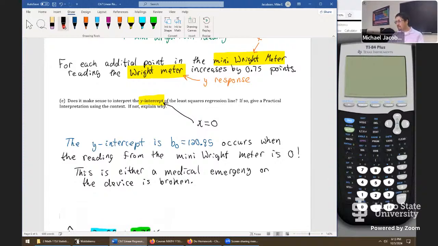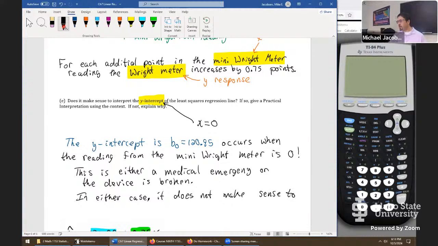In either case, it does not make sense to interpret the intercept because of that conflict.